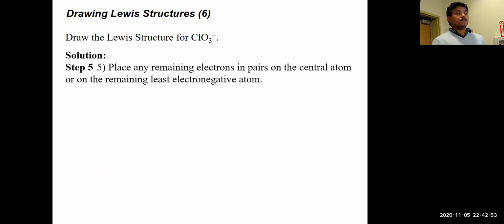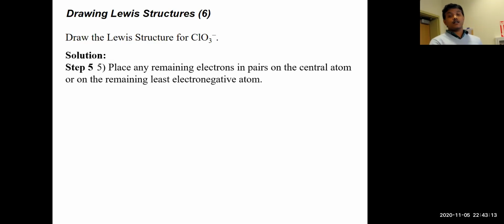In step 5, we are going to place any remaining electrons. In this case, we are left with 1 remaining lone pair. Only in step 5 do you place any remaining lone pairs of electrons on the central atom to give the octet number of electrons to the central atom.